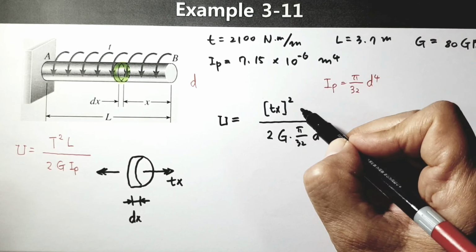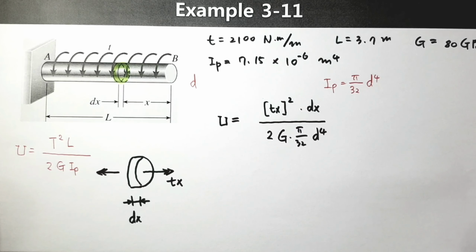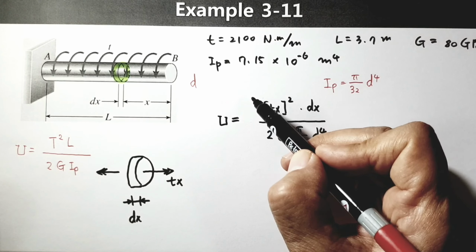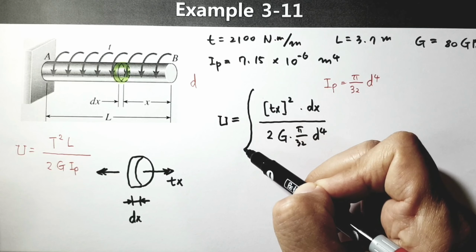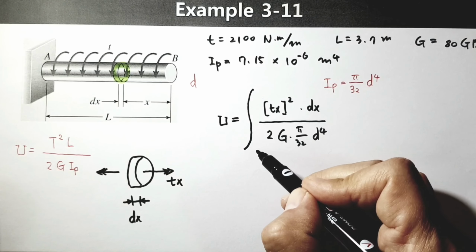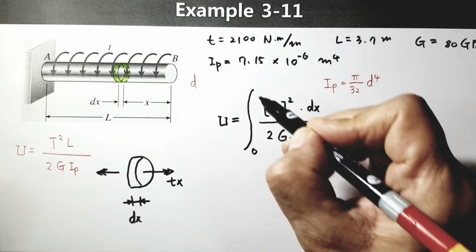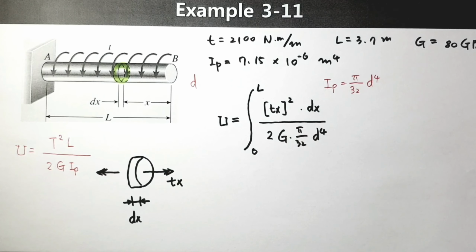The length is dx. When you take the sum from 0 to L, this value is the strain energy for this system.